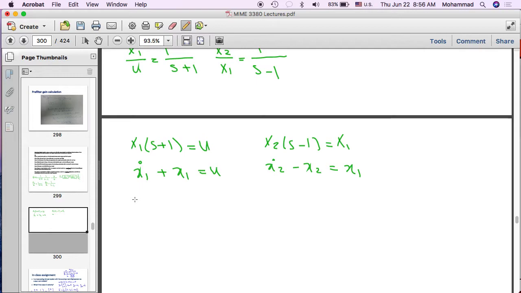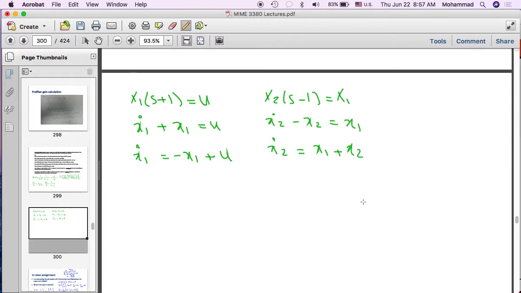How? We now know that x1 dot is equal to minus x1 plus u, and x2 dot is equal to x1 plus x2. Can you see that? And from there you can find your A matrix.